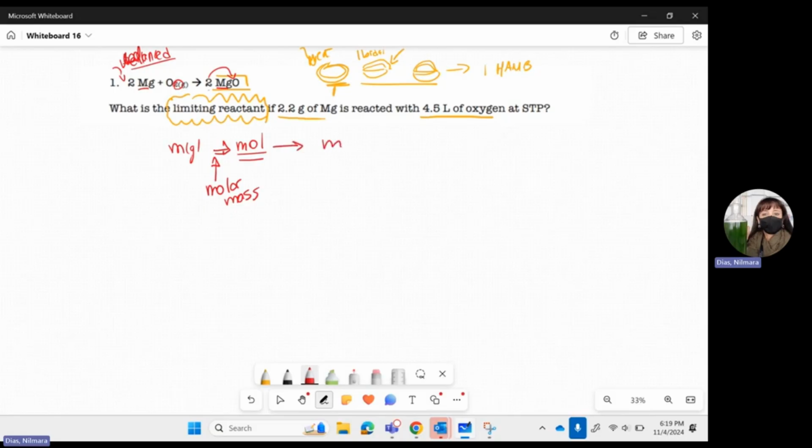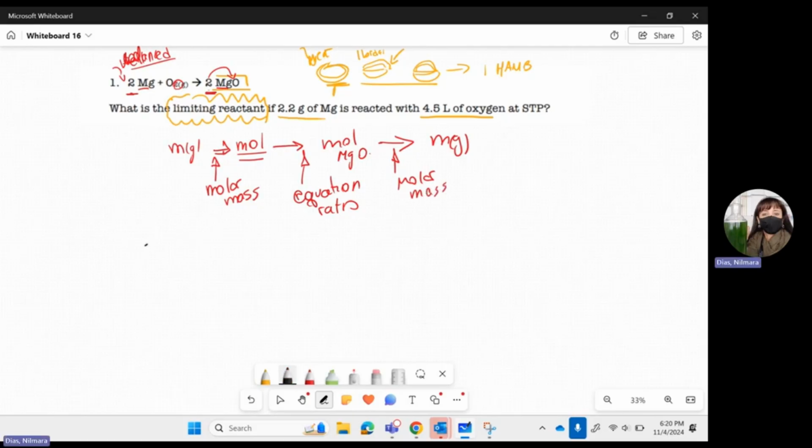And to find the moles of magnesium oxide, I need the equation ratio, which will be 2 magnesium will produce 2 magnesium oxide. And if I need the mass, I'm going to use molar mass again, but now the molar mass of magnesium oxide. Okay, so let's do it.